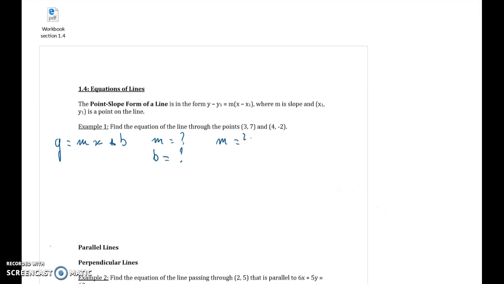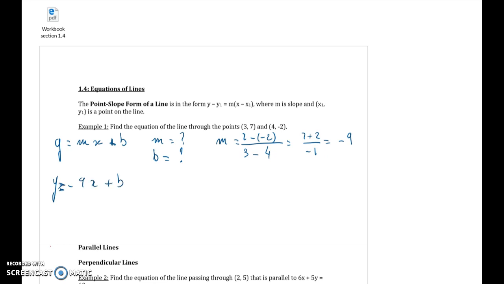So it's 7 minus negative 2 over 3 minus 4. I end up with 7 plus 2 over negative 1, which is negative 9. So my slope is negative 9. Therefore, y equals negative 9x plus b.